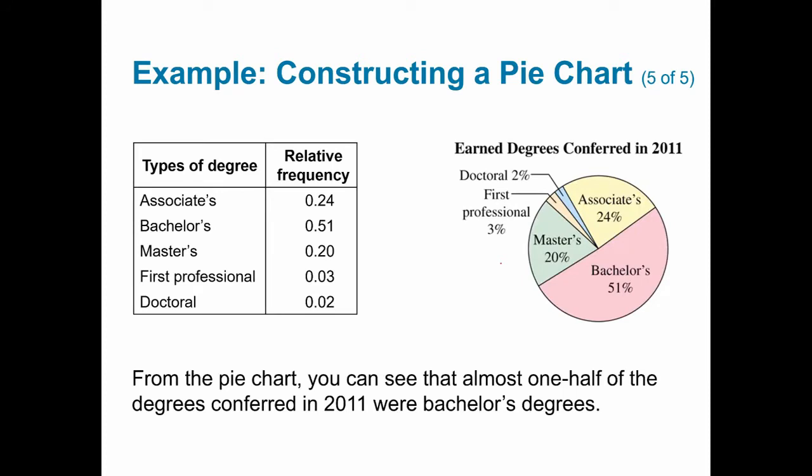Once you have the relative frequency, that tells you what percentage of the circle is going to be for that slice. It's telling you how big each slice is. In this case, 51% of our circle is going to be bachelor's degrees, and 24% of our circle is associate's degrees.